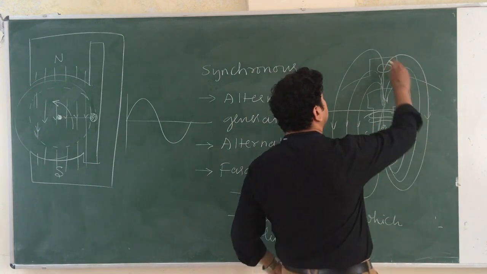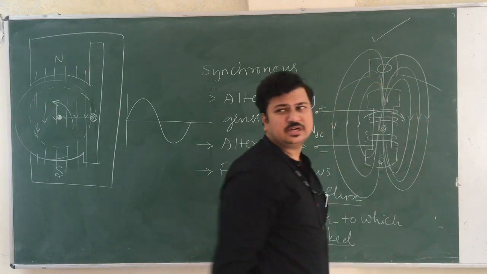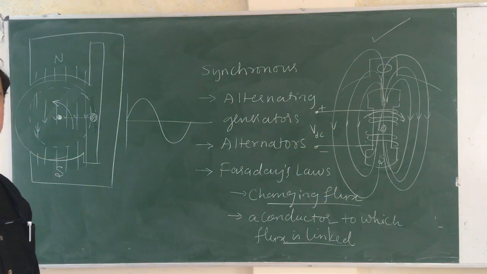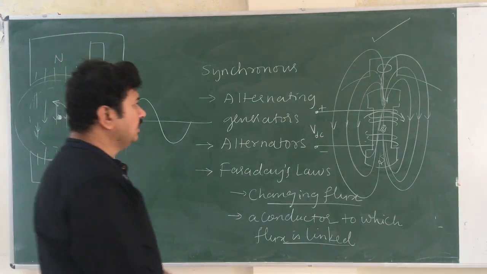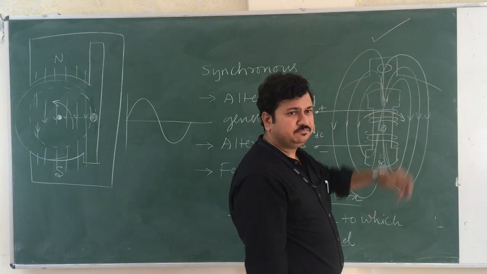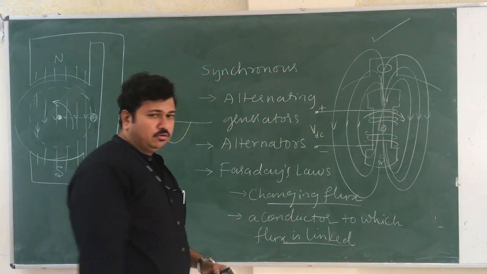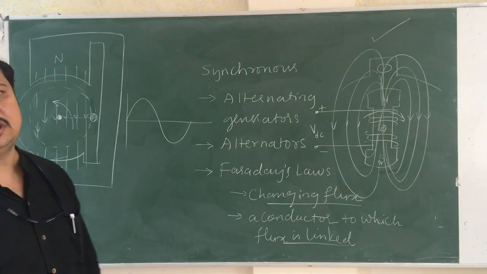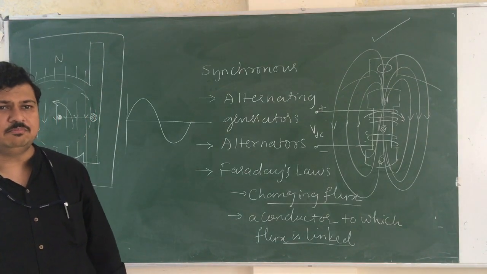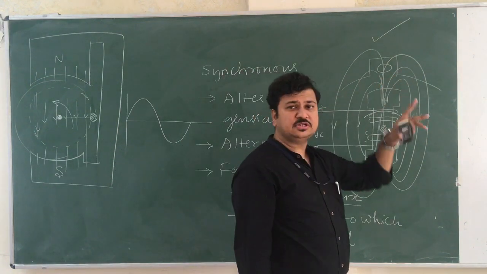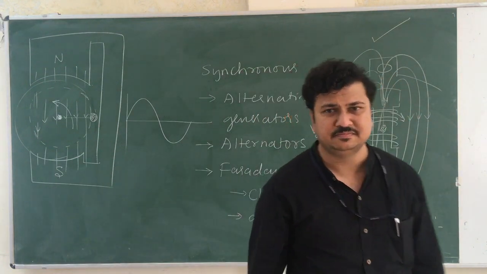Generally, in all the generators, we use the second method, where the magnetic field is rotating and conductor is stationary. Why? Because the amount of power generated in generator is not in terms of watts, it will be minimum in terms of megawatts, where the conductor has to carry thousands of amperes of current.